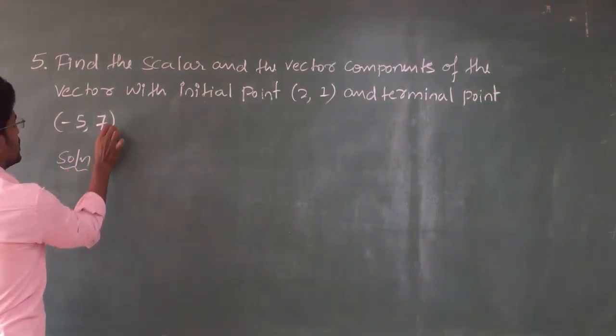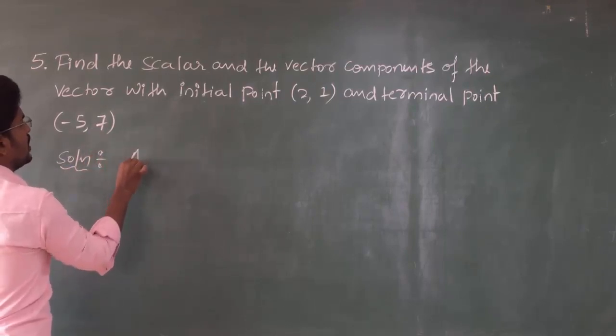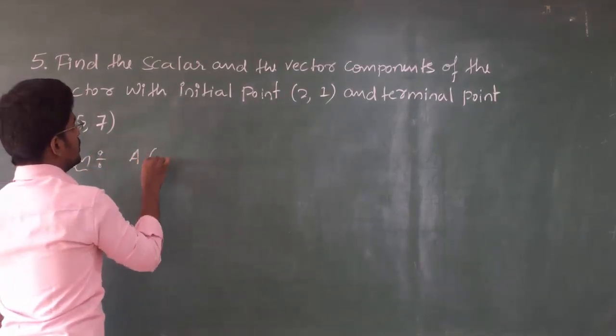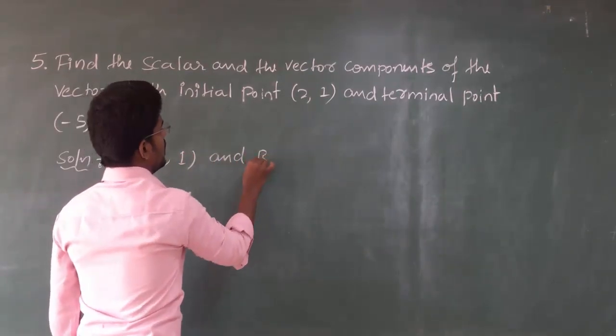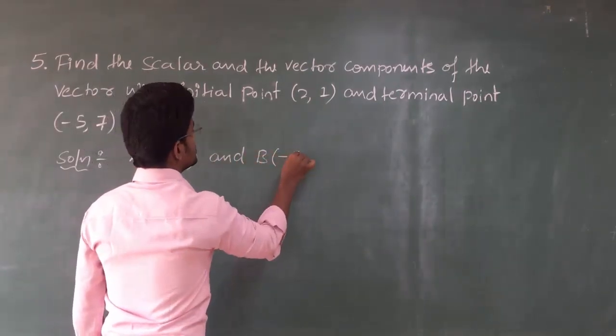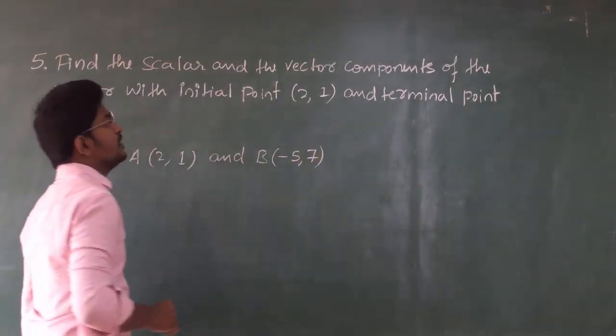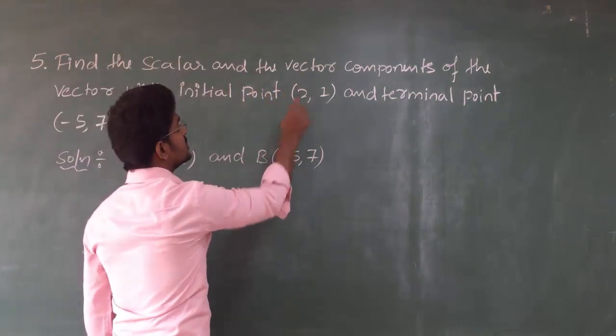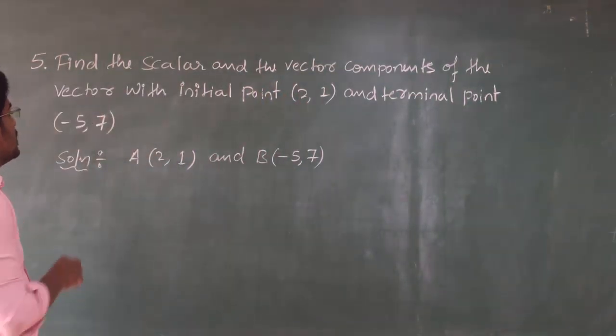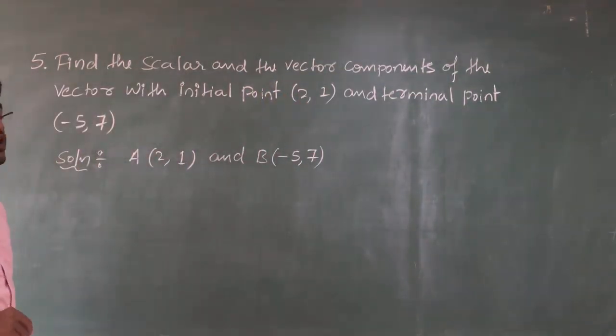So let us consider point A is 2, 1 and point B is minus 5, 7. So they have said that the initial point is 2, 1 and the terminal point is minus 5, 7.